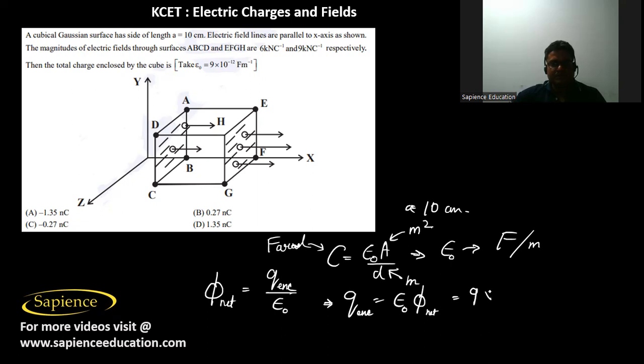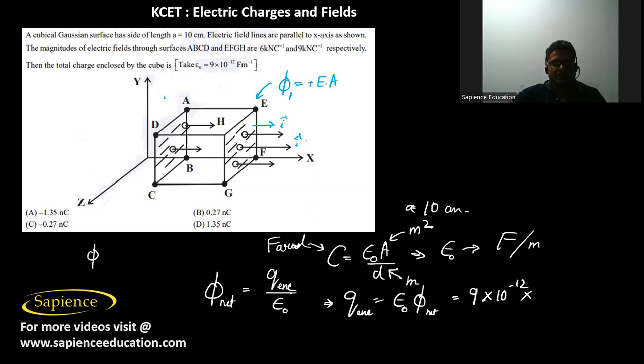Epsilon naught is 9 into 10 power minus 12, and the net flux will be E into A. The flux through the first surface, on this surface EFGH, the flux phi 1 will be E dot A. Here the area vector is along i cap only, and the electric field is also along i cap. So on this surface, the flux will be positive, E into A.